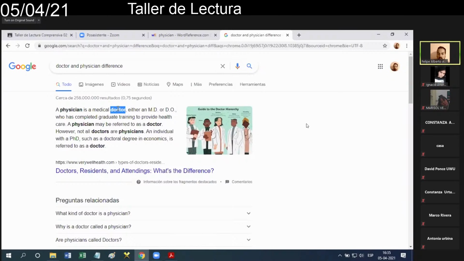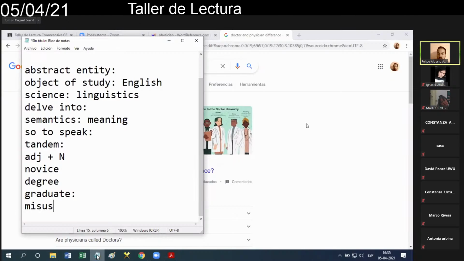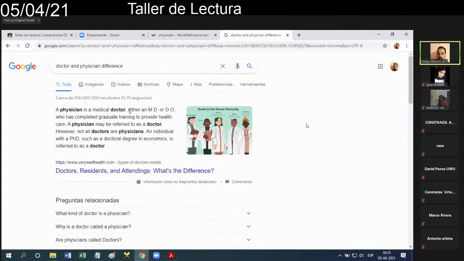Because doctor is a word that is misused. Misuse is to use something incorrectly, in an incorrect manner. So that word is kind of misused.